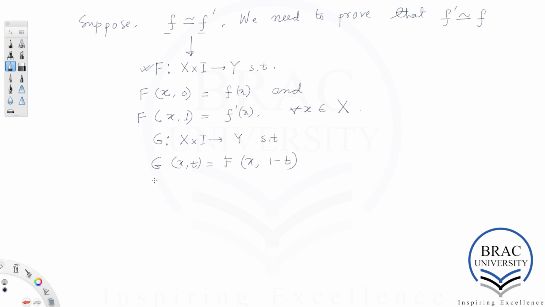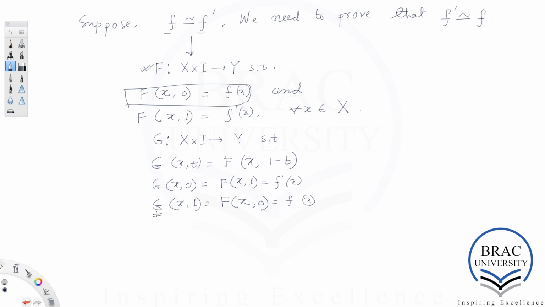Okay, and we also see that G of x comma 0 is equal to F of x comma 1, which is f prime of x, and G of x comma 1 is equal to F of x comma 0, which is small f of x, okay, from which it follows that the continuous map G from X cross I to Y is indeed a homotopy between f prime and f.